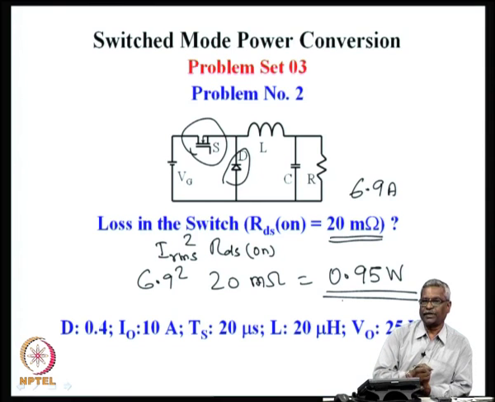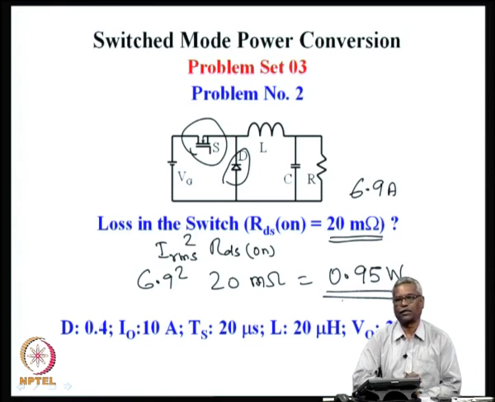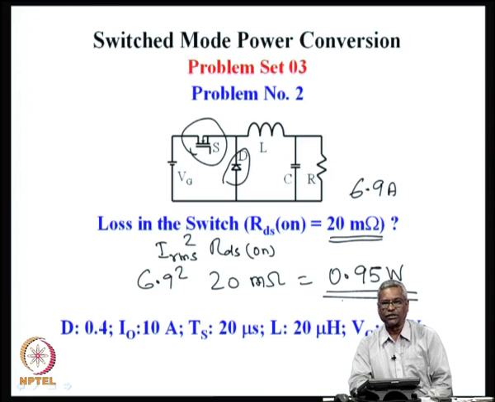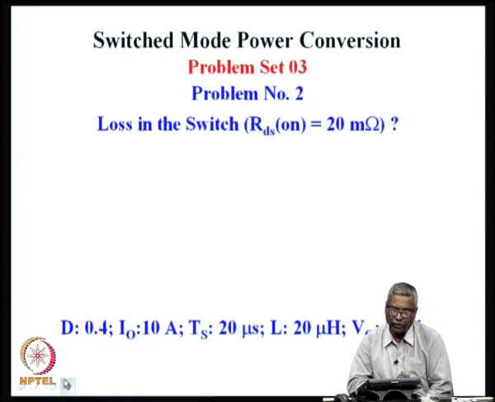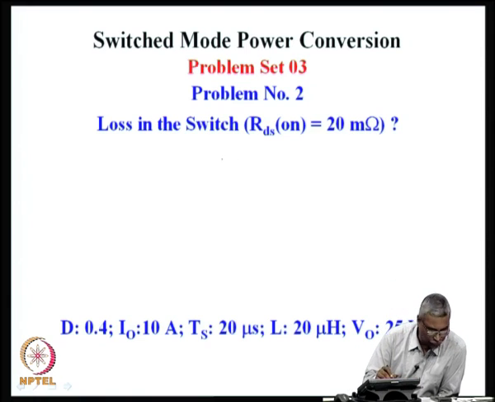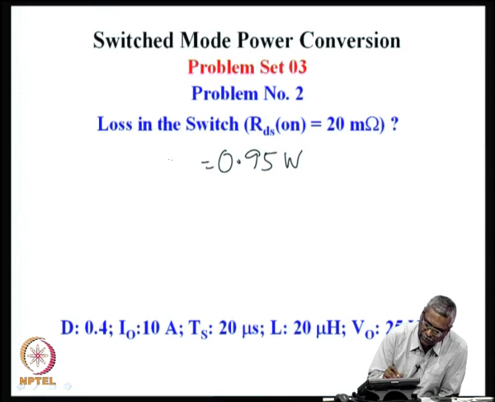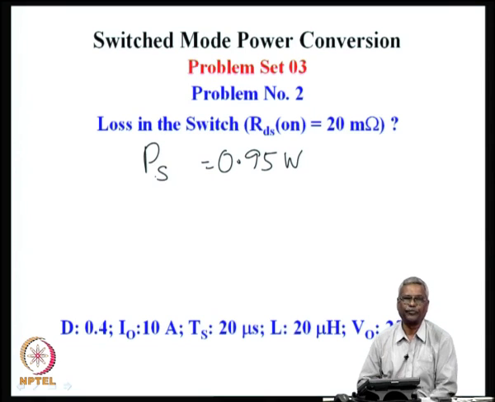We have also found out the peak current in the inductor, the energy storage requirement in the inductor and so on. The loss we have found out to be equal to 0.95 watts. This is the power loss in the switch.